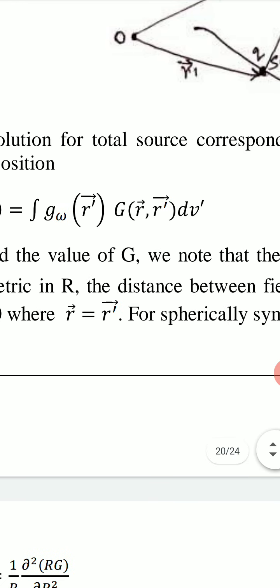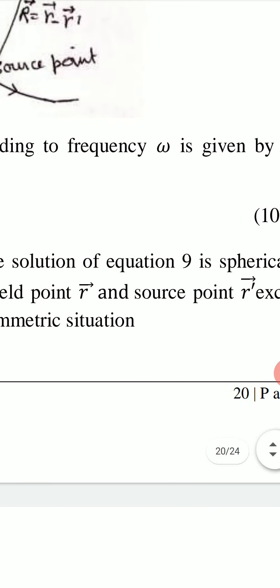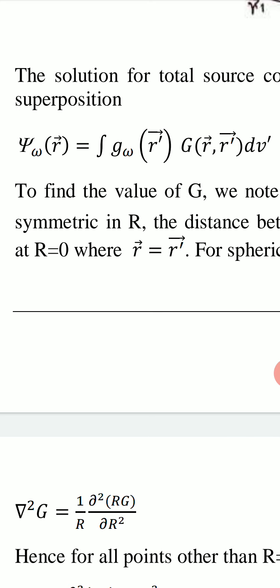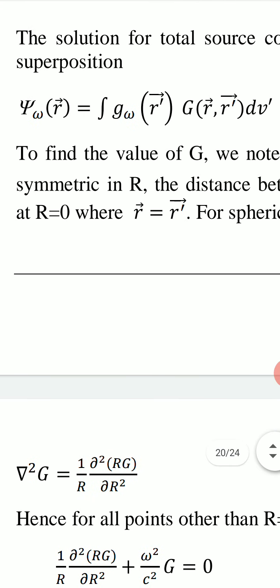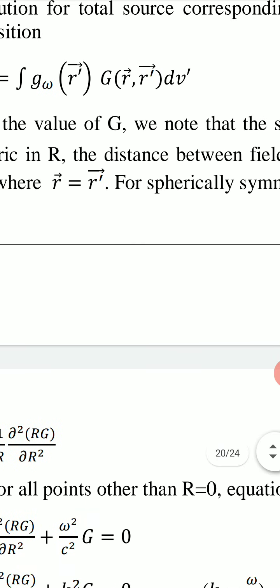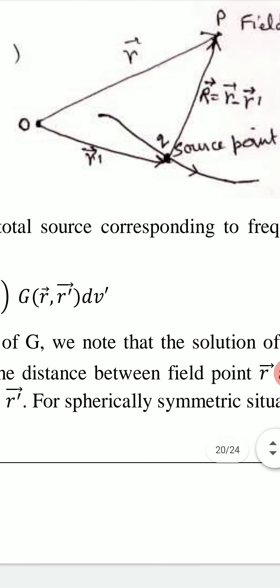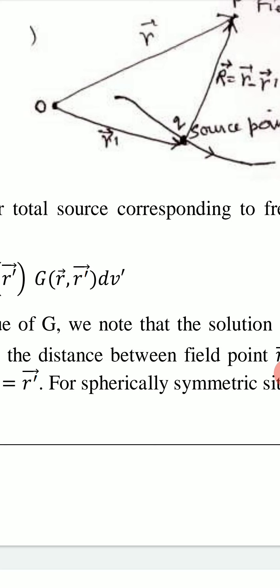Then the solution for total source corresponding to frequency omega will be given by this integral G omega r dash g r dash dv dash. dv dash is a small volume element. Dash is represented for source point, so dv dash is a small volume element near source point.